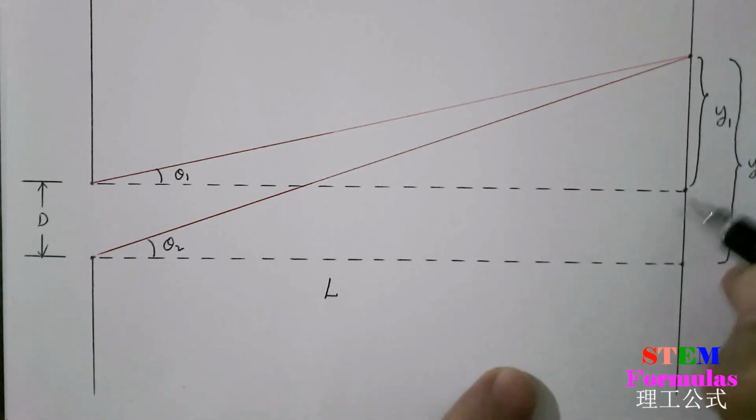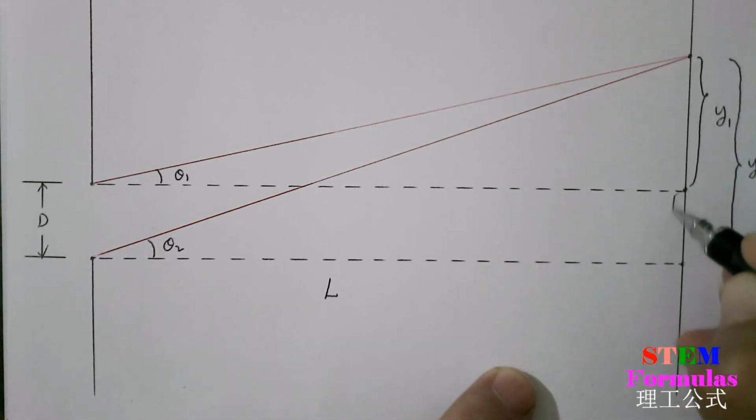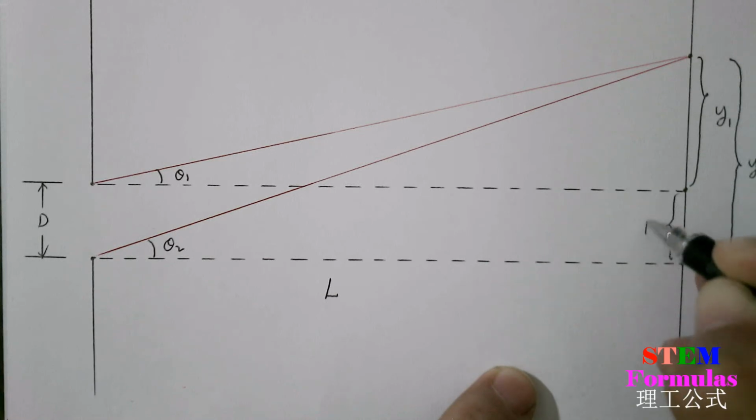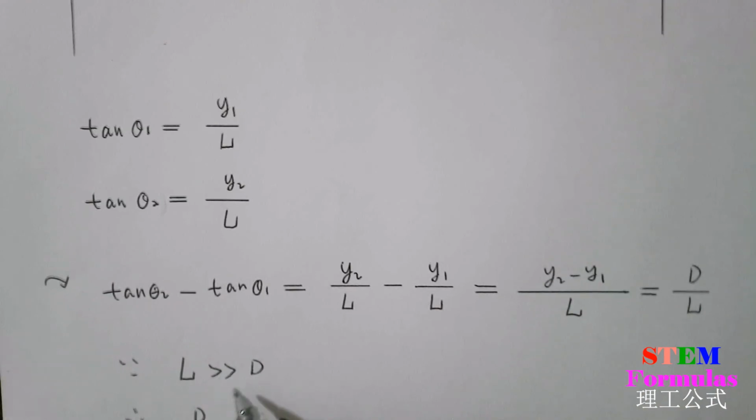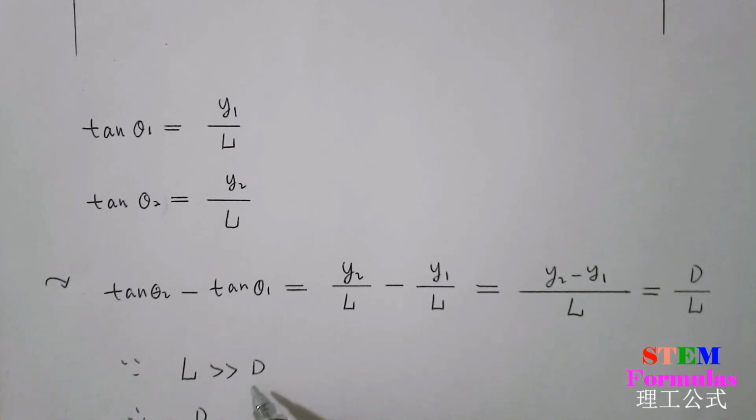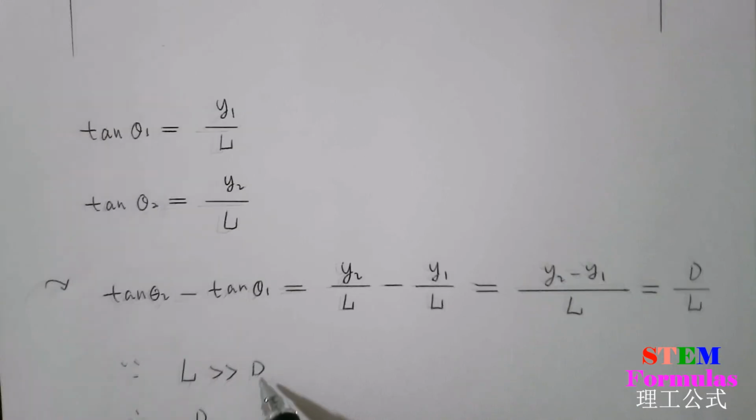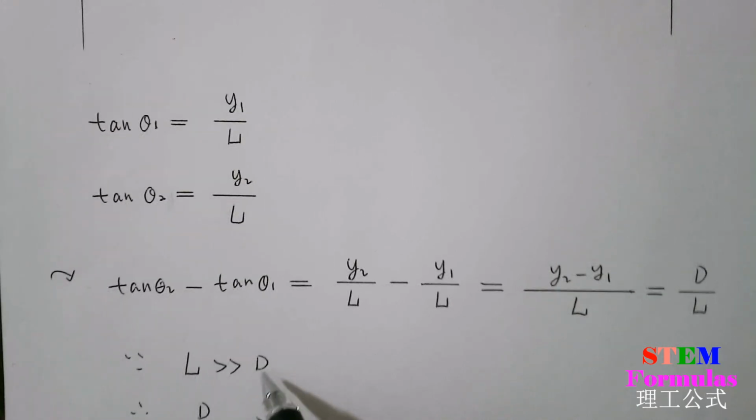So this is d divided by L. Now, in the experiment, d is about 0.1 or 0.2 millimeters, while L is about 1 meter, 2 meters, or 3 meters, on the order of meters. So d is on the order of millimeters or much smaller, 0.1, 0.2.